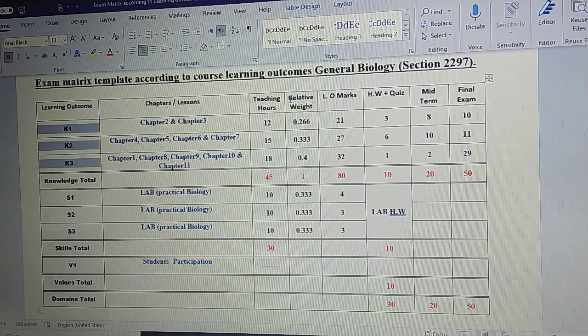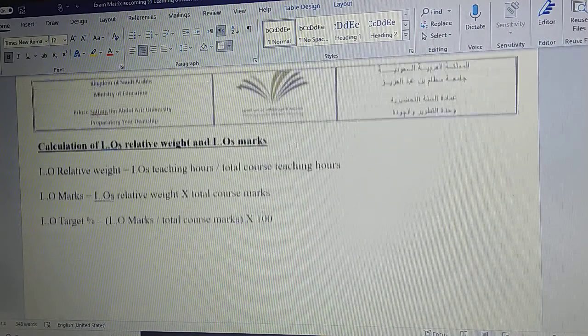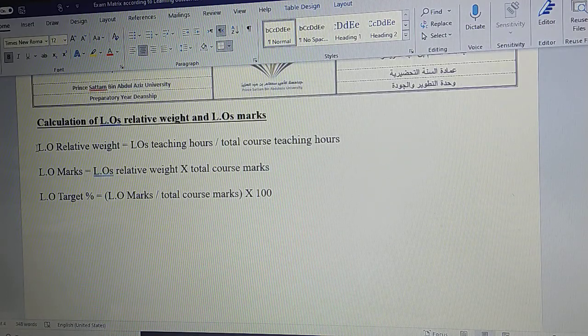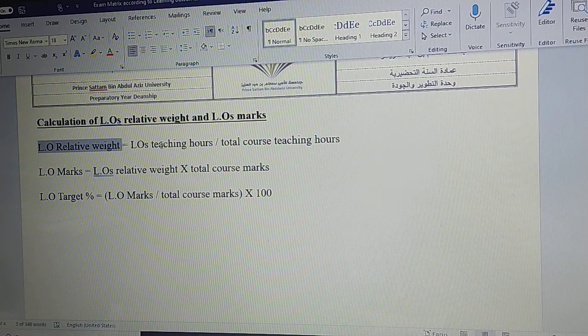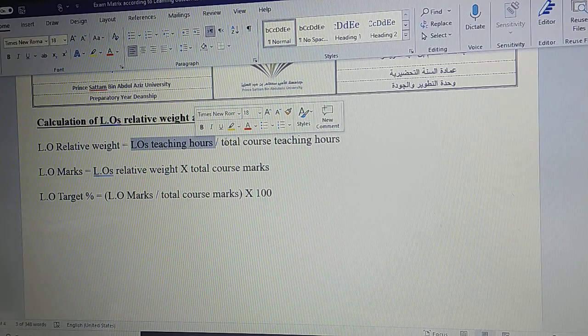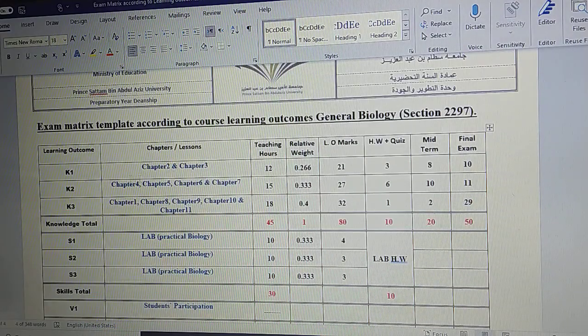I have to get the relative weight for each course learning outcome. Okay, this will be from the equation in the second paper. LO relative weight, or learning outcome relative weight, equals learning outcome teaching hours divided by total course teaching hours. So here I will divide for K1, 12 hours divided by the total 45 hours.